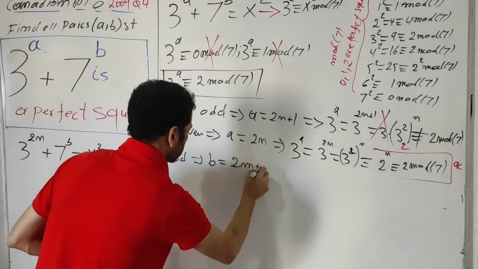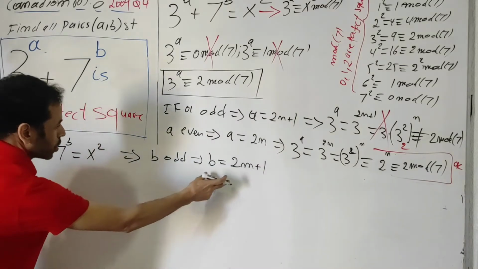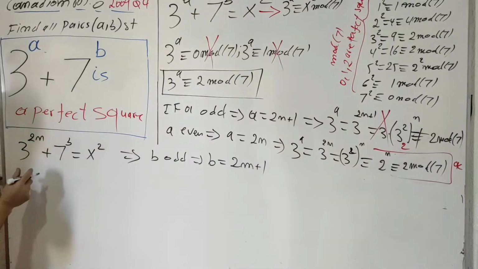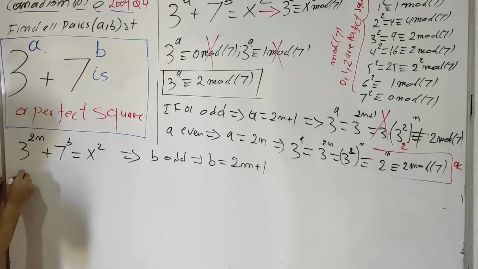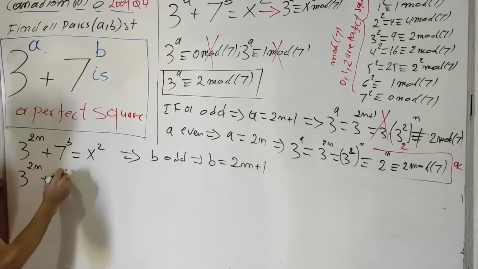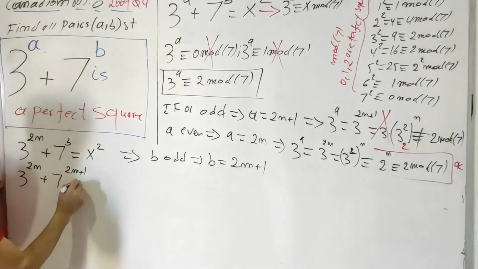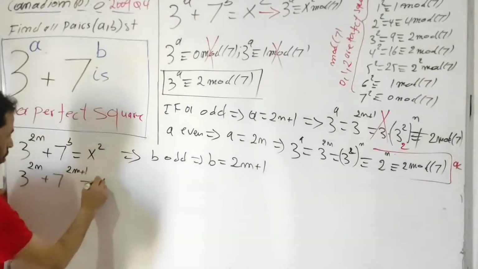2m plus 1. I'm going to take this value and insert it into the original equation to see what it gives us. I will have 3 to the 2n plus 7 to the 2m plus 1 equals x squared.